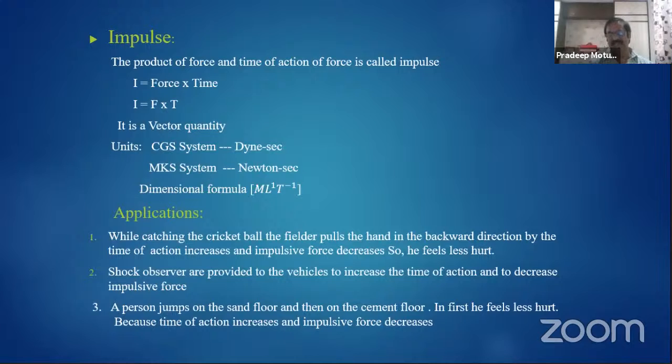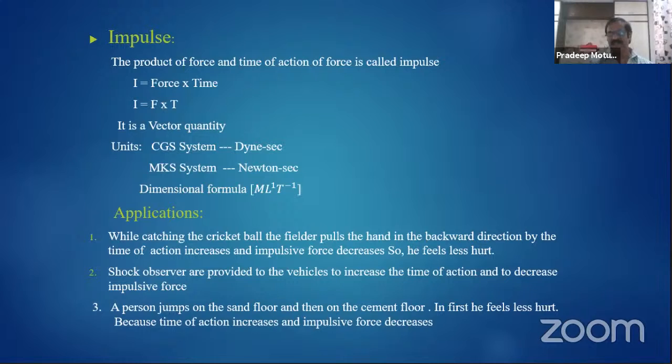You can observe that while you are catching the ball, you take your hands backwards. Why? Very important thing. While catching the cricket ball, the fielder puts the hand towards the backward direction.